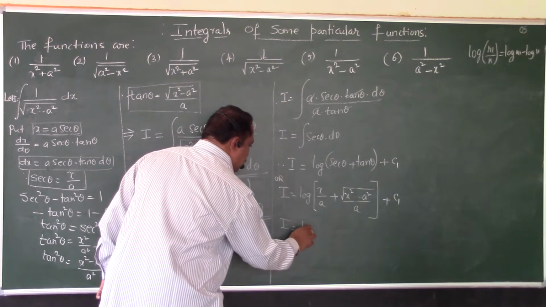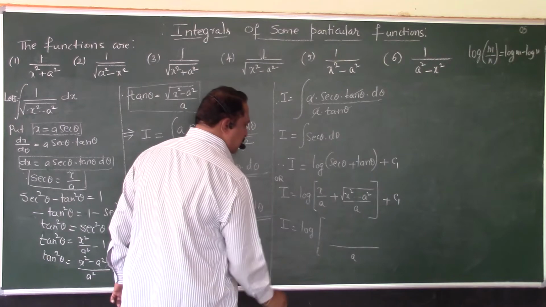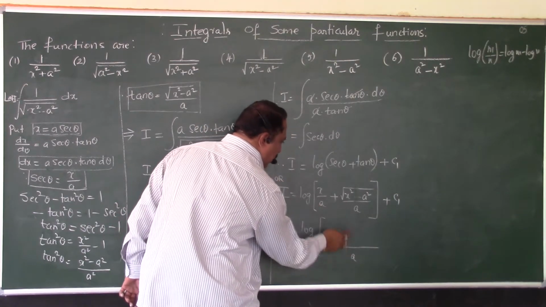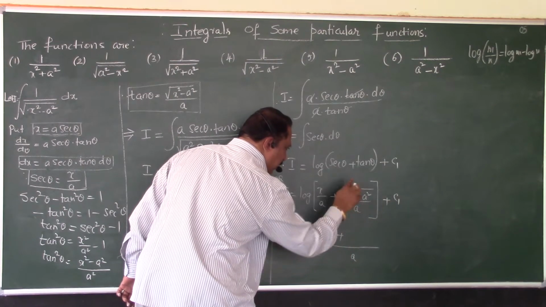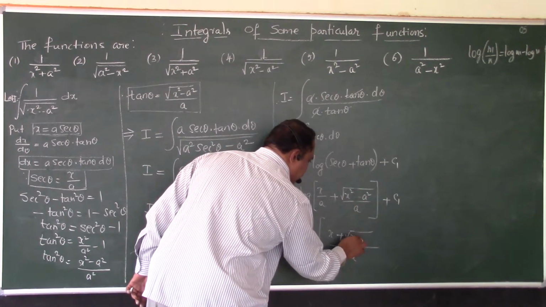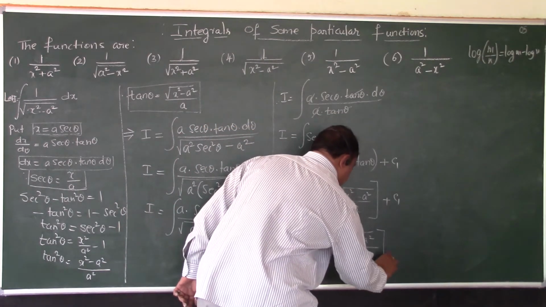Or I equals logarithm of, a is the LCM in the denominator, x plus root of x square minus a square, divided by a, plus C1.